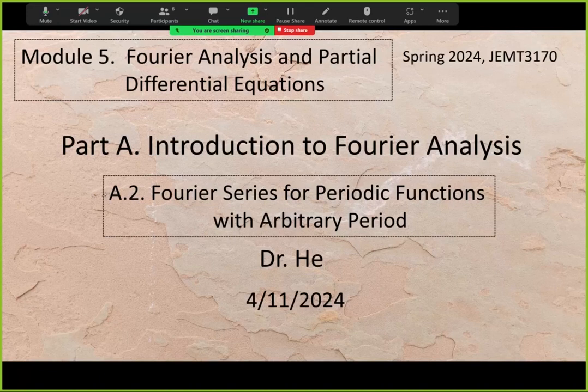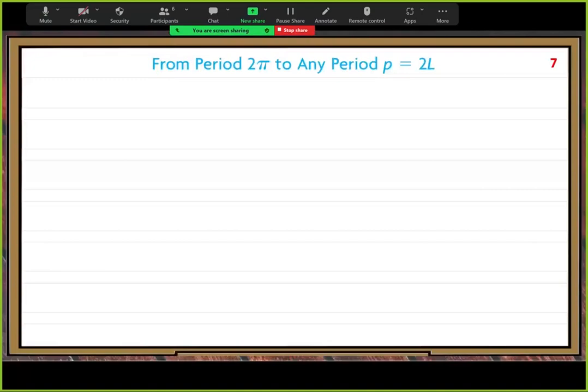Actually, it's rare to have a 2 pi period. In the real world, you have rotating parts. In general, the period should not be 2 pi. The frequency and the period, right? So we should consider a period that is not 2 pi.